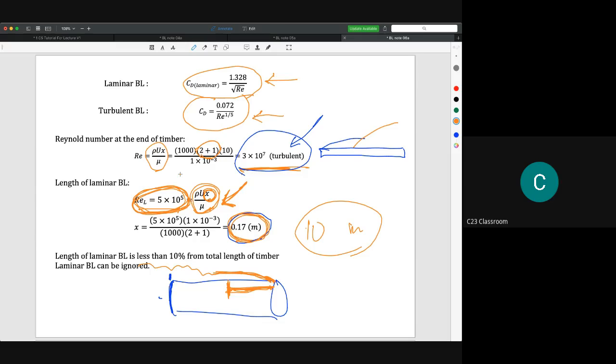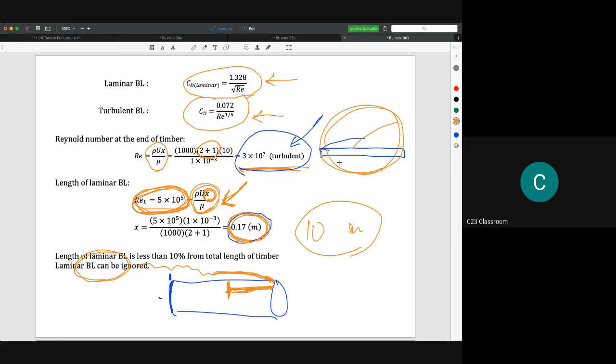Then we could say that the laminar boundary layer can be ignored. If the laminar boundary layer cannot be ignored, you need to use the idea to merge the laminar and turbulent boundary layer. Okay, can you get it?